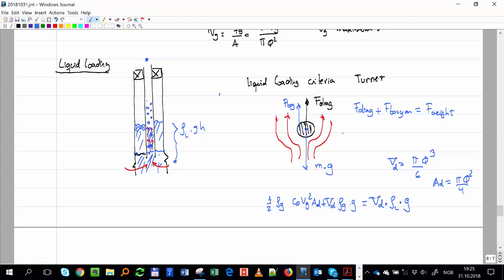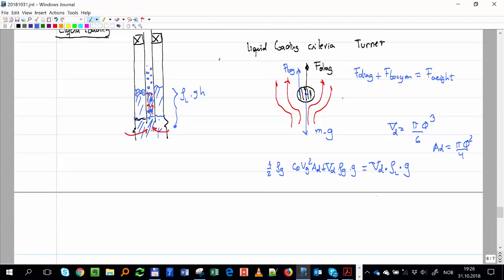It's just staying there. That's exactly the definition of the critical gas velocity: when those forces are exactly balanced, with the drag force and buoyancy going up and the weight going down.